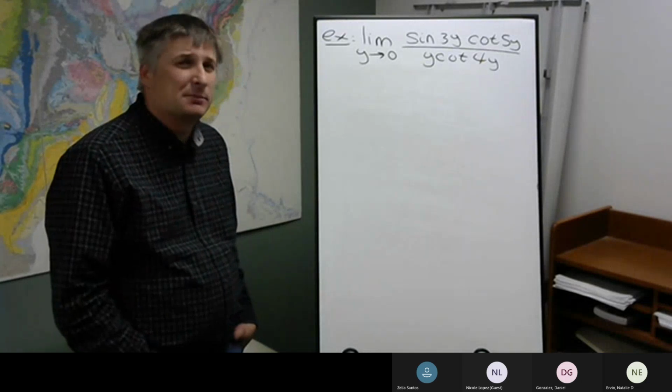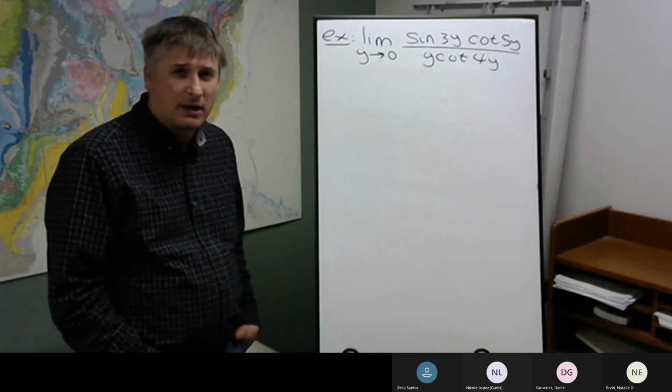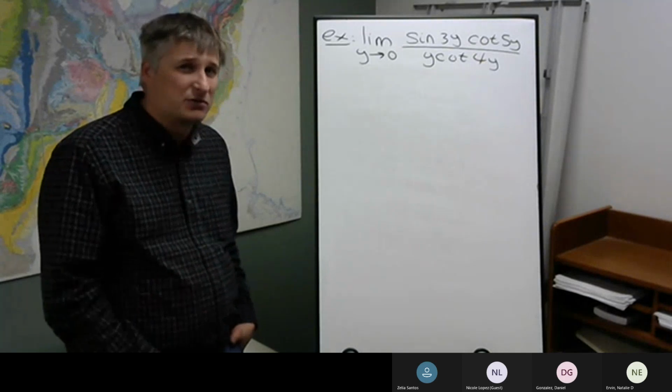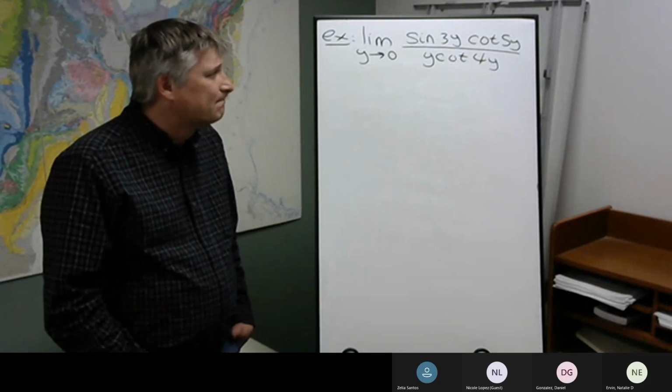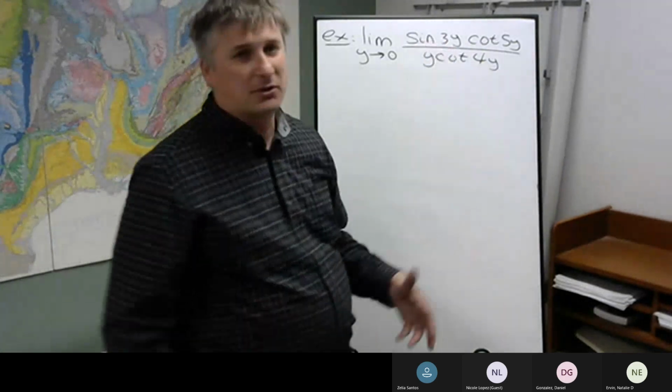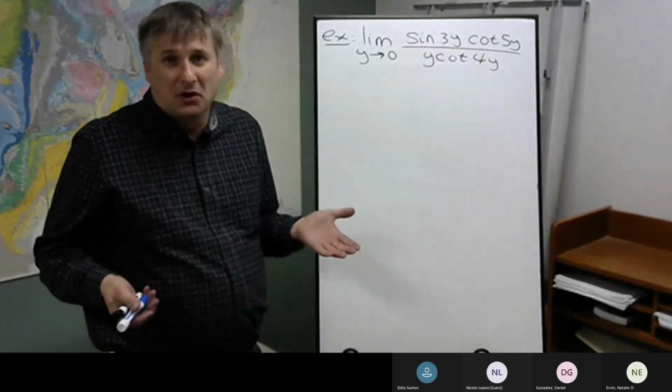If we just substitute 0 for y, sort of like using our polynomial rule, and we can actually do that with trig functions too, we're going to have a problem. Now, sine of 3 times 0 is the sine of 0, and well, that's just 0. Great.